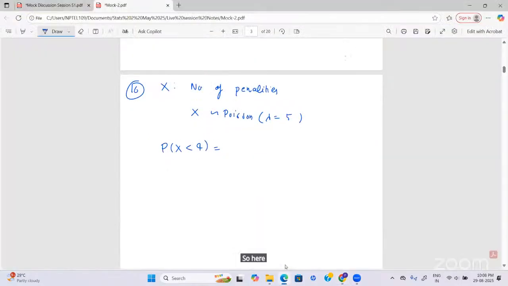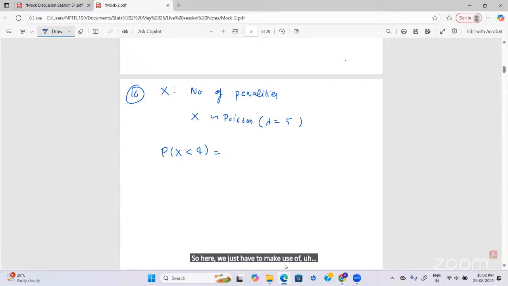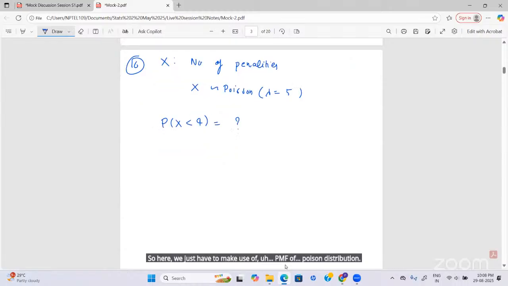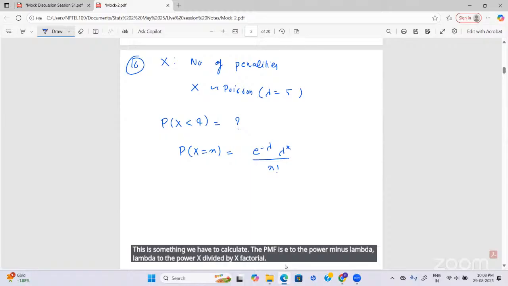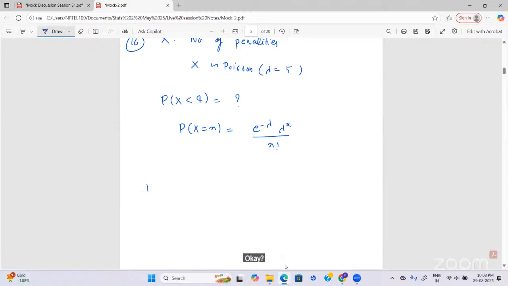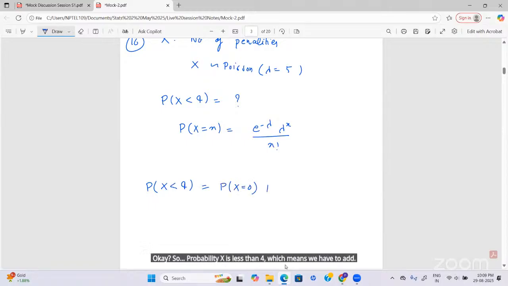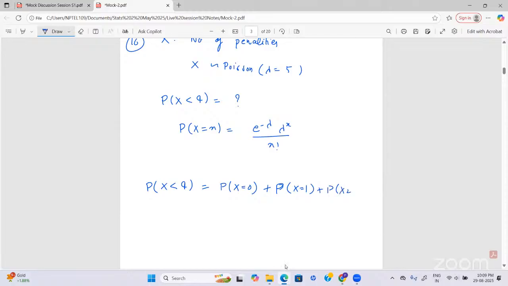Here we just have to make use of the PMF of the Poisson distribution. The PMF is e to the power minus lambda, lambda to the power x divided by x factorial. So the probability of X less than 4 means we have to add X equals 0, X equals 1, then 2, and then X equals 3.